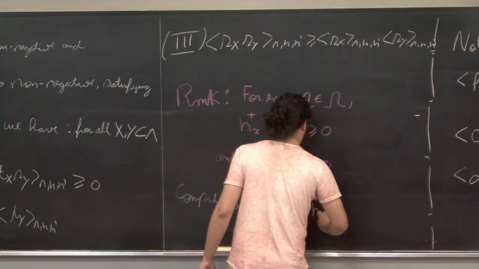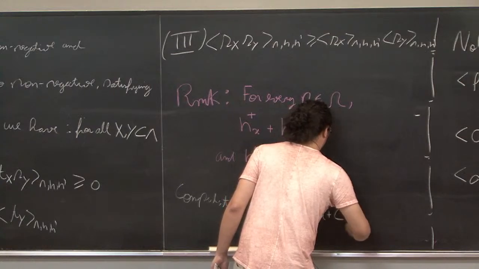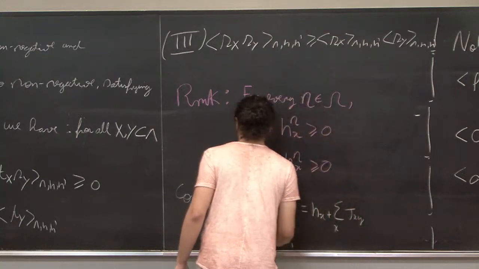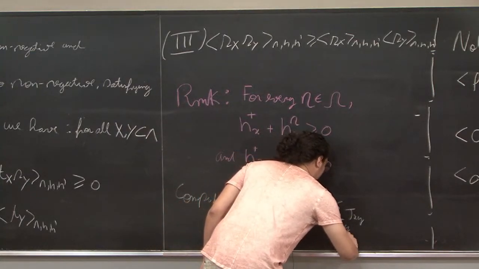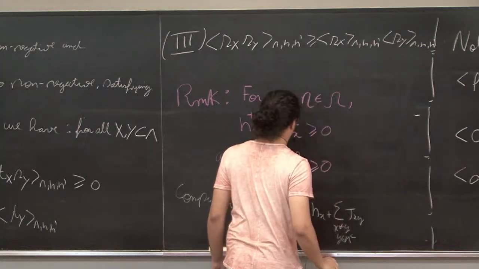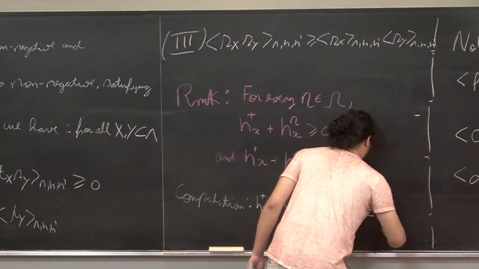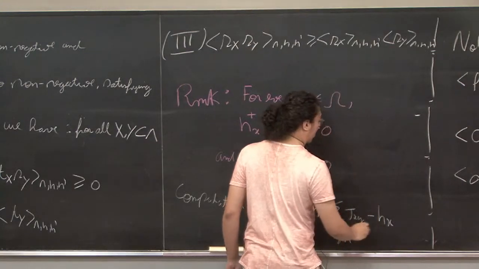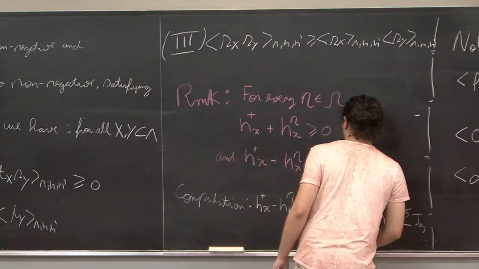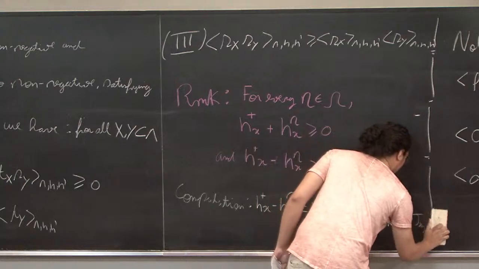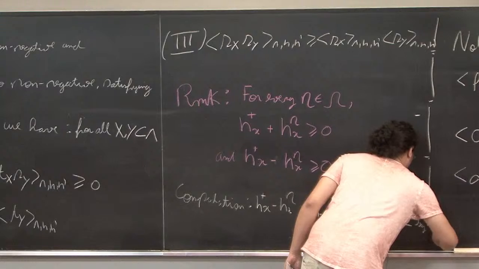Again, this is h_x plus the boundary condition, J_xy, x different than y on the exterior of the box, and you have minus the other terms, h_x minus, and you repeat the same thing, J_xy, but now you have the eta configuration at y.